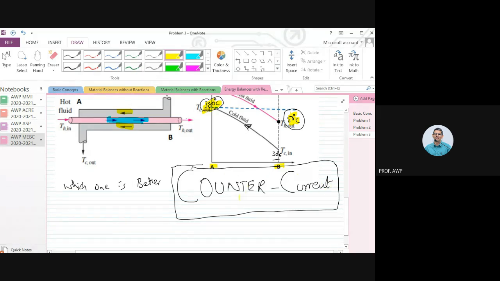It's a very important chemical engineering concept that we do something in a counter current manner versus co-current manner. There are other things that we do in a counter current manner as against co-current manner, but that we will see as we go along. Let's not worry about that just now.